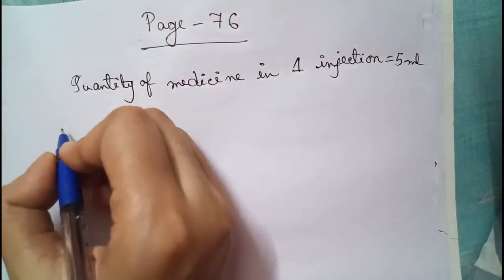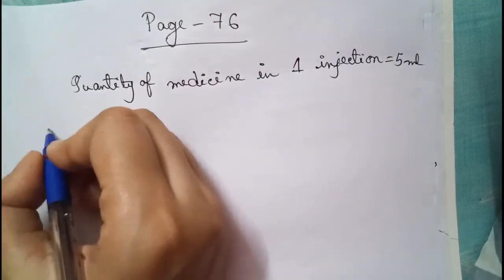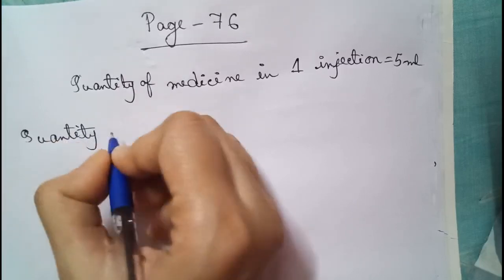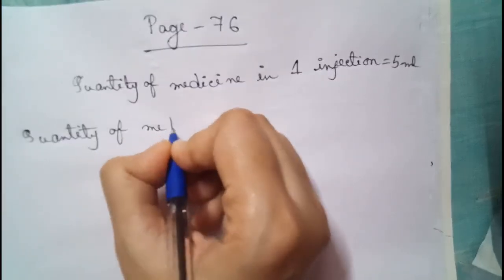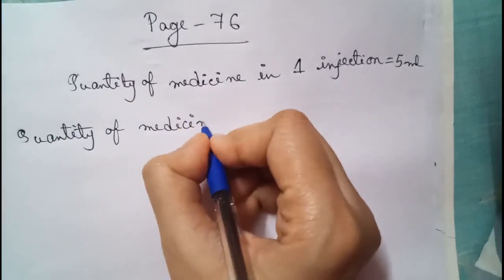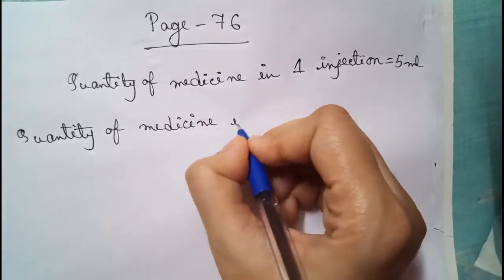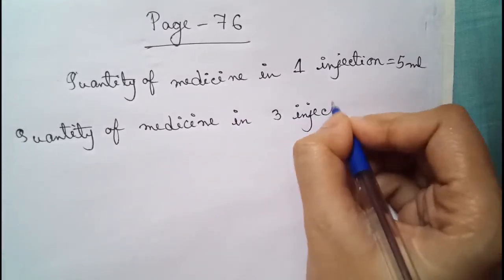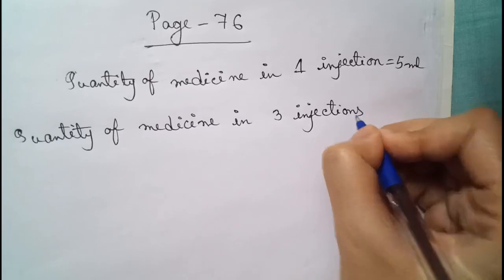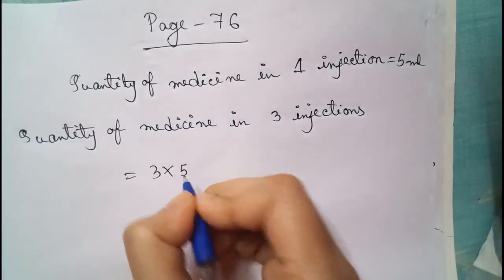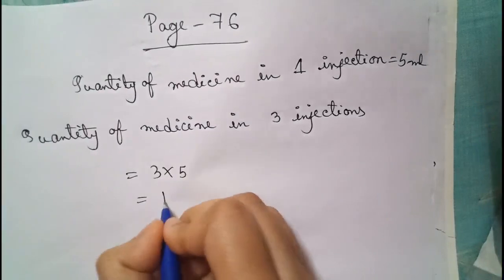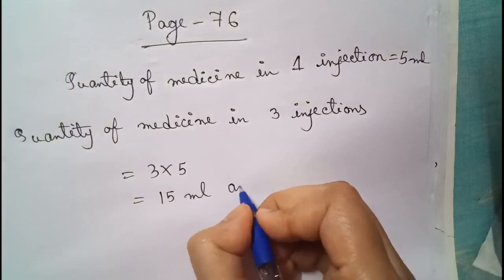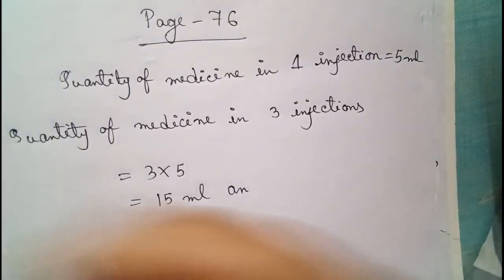So quantity of medicine in 3 injections will be 3 into 5, so equals 15 ml, right? So the answer will be Nitu will need 15 ml of medicine in one day.